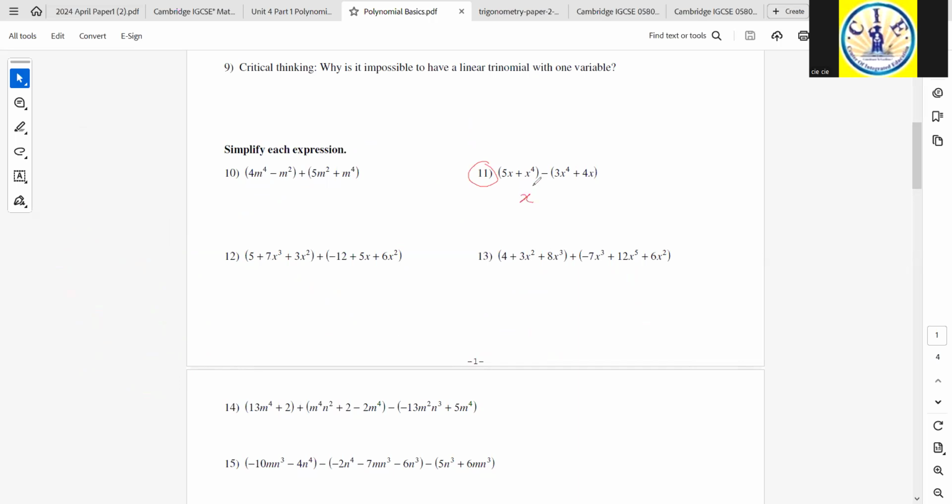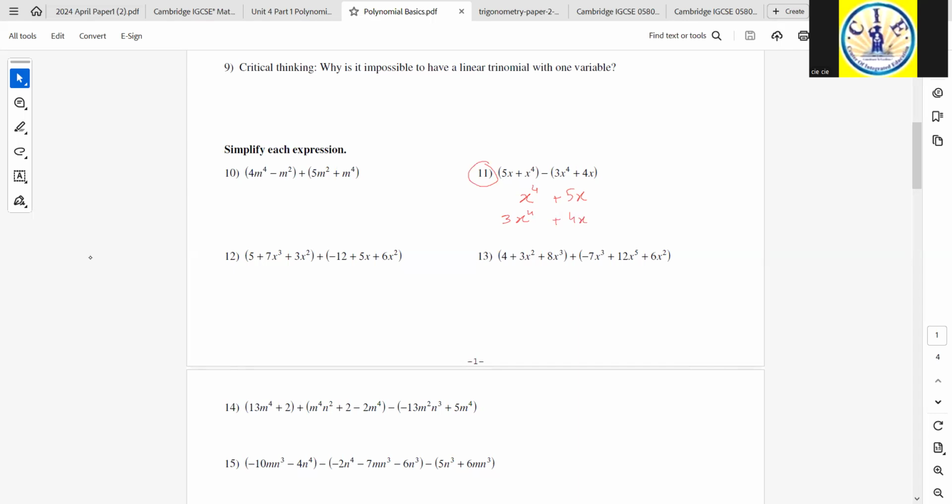So from the first one, this is x to the power 4 and then plus 5x. And from the second term, I'm having 3x to the power 4 and plus 4x. Now I need to change the signs.